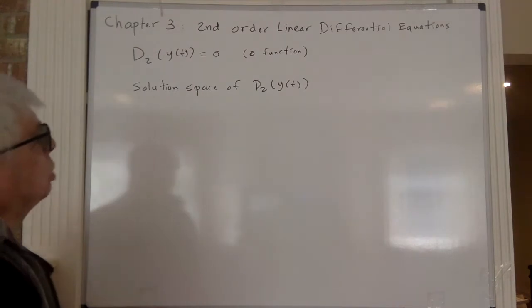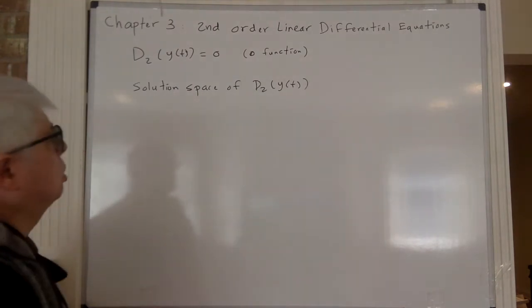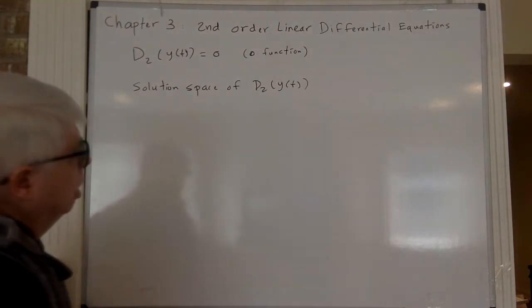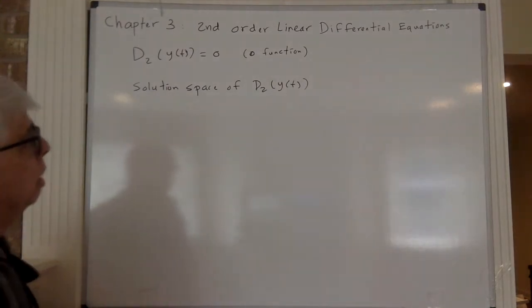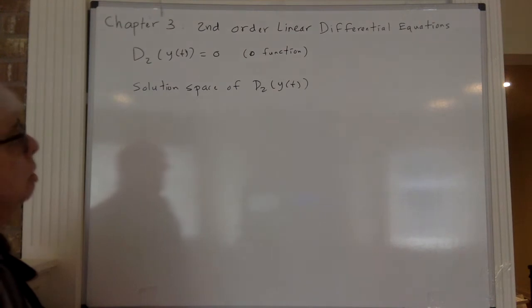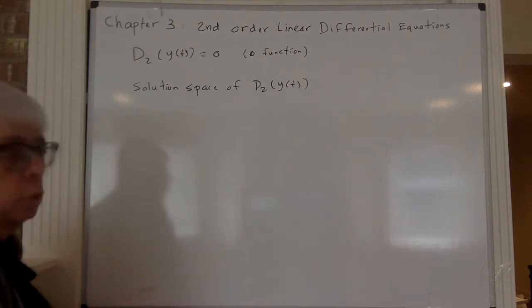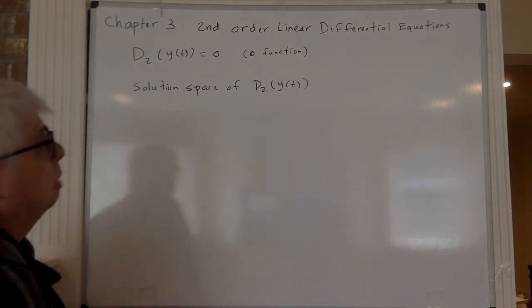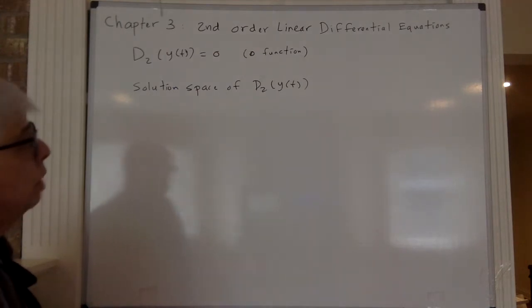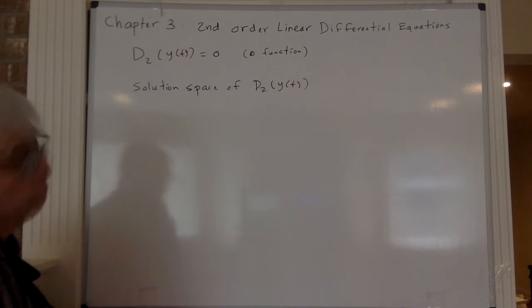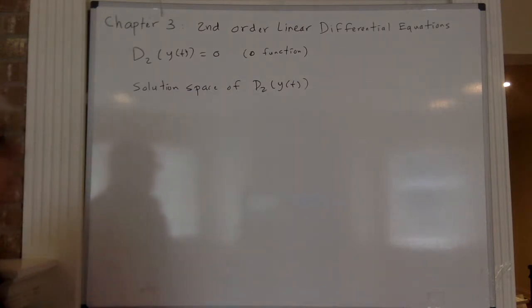So the first thing is to study this solution space and see what it looks like. Is it finite dimensional? If it is finite dimensional, that's good. In fact, it is two, but anyway, we can find a basis for that.